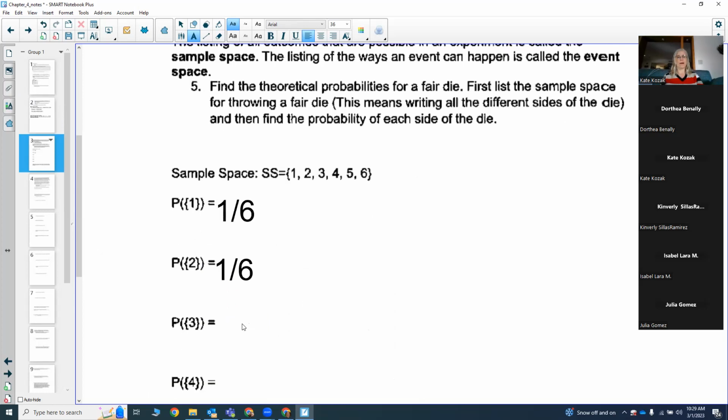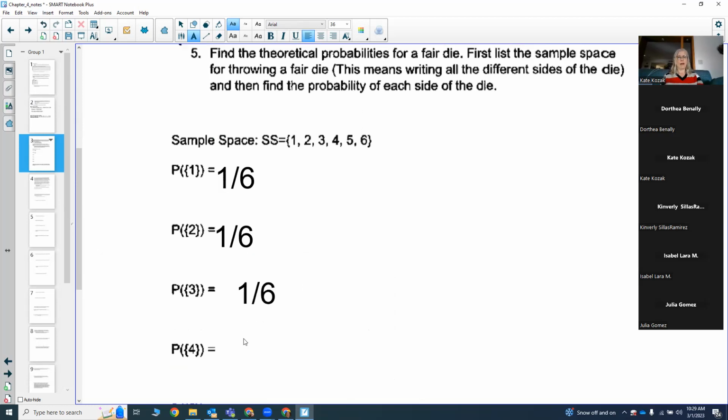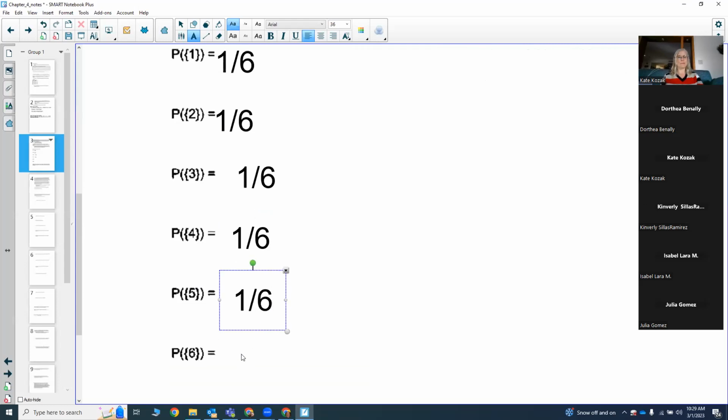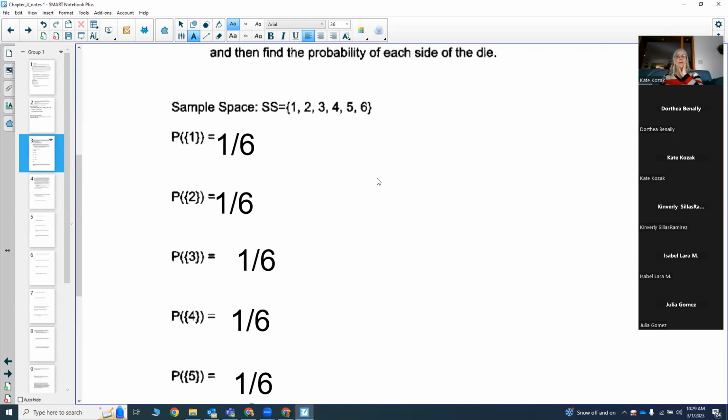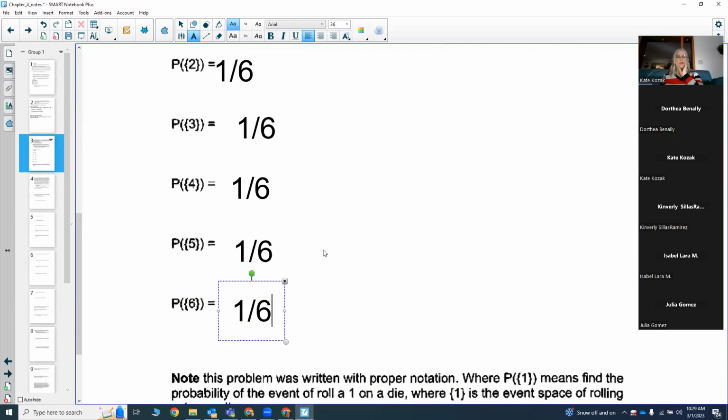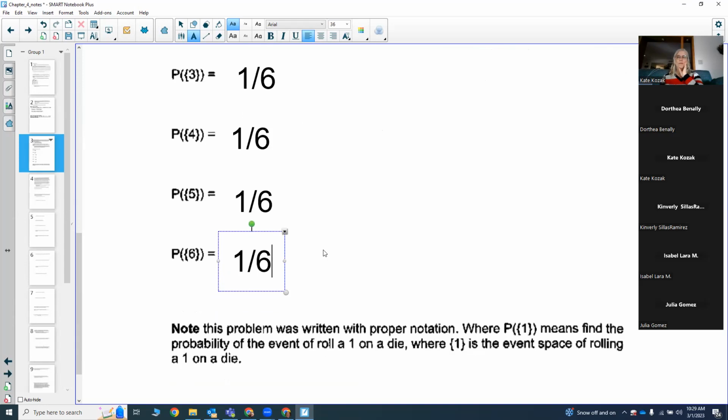All the rest of these are also 1 out of 6 because this is what we hope would be a fair die. The way I find out if it's a fair die is I actually try rolling the die and find out if it's fair or not. And we'll do some dice next time. So these are all 1 out of 6 because there's one way each one can happen out of 6 ways anything can happen. So those are how we do theoretical probabilities.